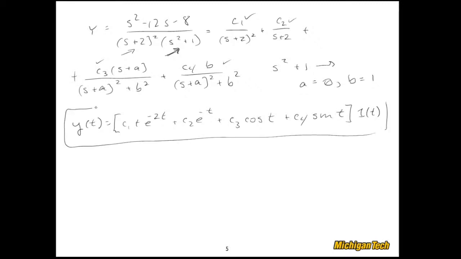Look at that. I can now see what the response looks like. It has a couple exponential terms. This one is multiplied by t, so maybe it's going to go up for a little while, but then it'll eventually squish back down because the e to the negative 2t will definitely annihilate any polynomial in t that it's multiplied by, as long as you go out far enough in time.